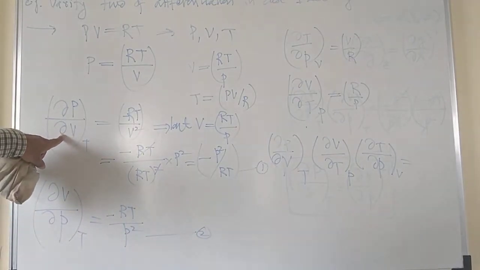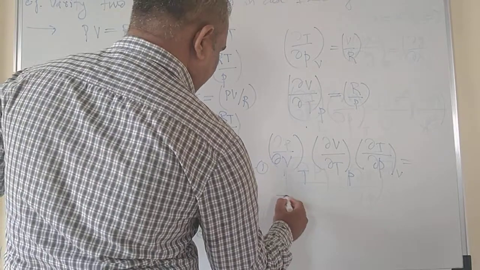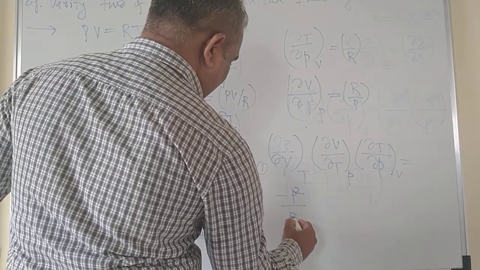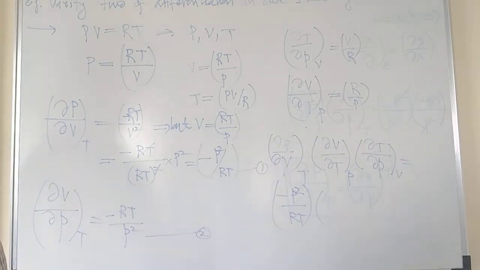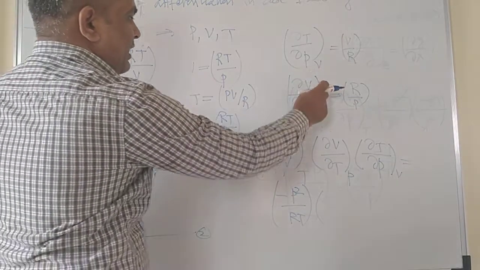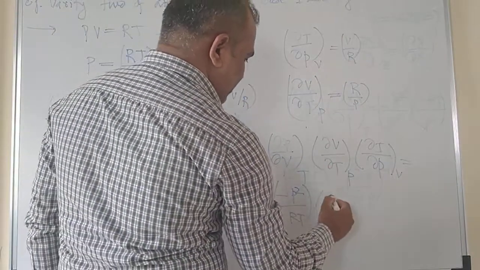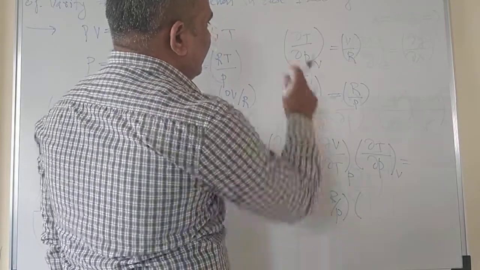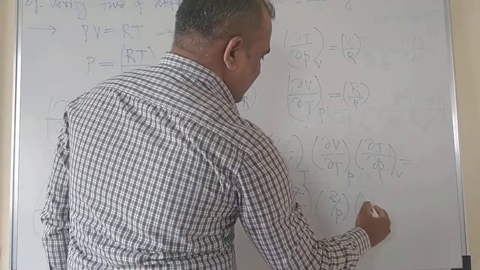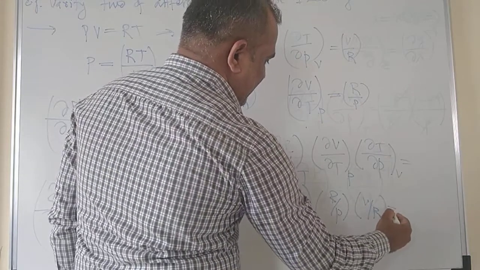So dou P by dou V is here, and its value is equal to minus P square by RT. Second, dou V by dou T is here at constant P, and that is equal to R by P. And the third, dou T by dou P is V by R.